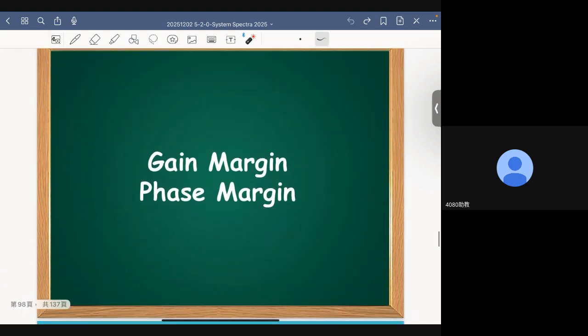Now let's switch our attention. Let's move forward to another very important topic, which is about gain margin and phase margin. Before formally introducing the definition of gain margin and phase margin, let us first clarify why we want to do that in the first place. When it comes to the performance of the control systems, we need to come up with some measures to characterize how good a control system is.